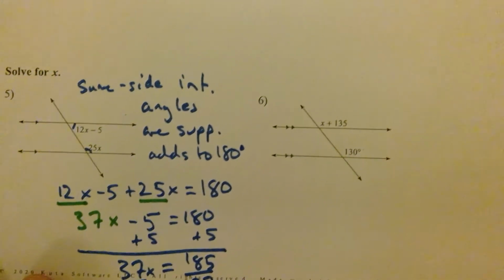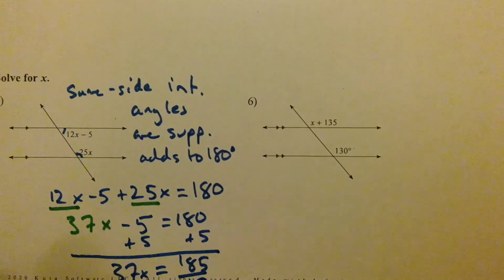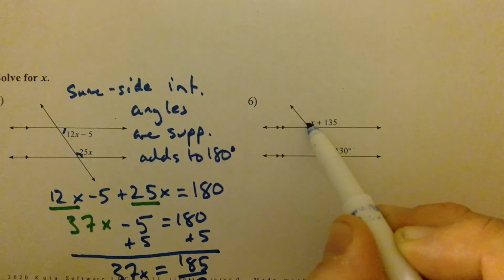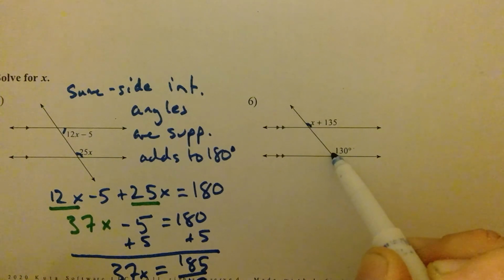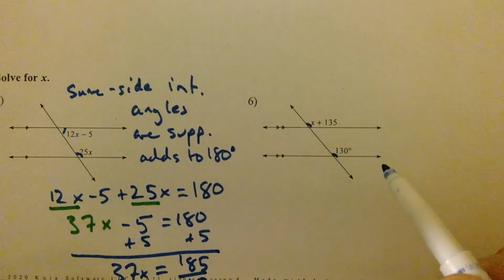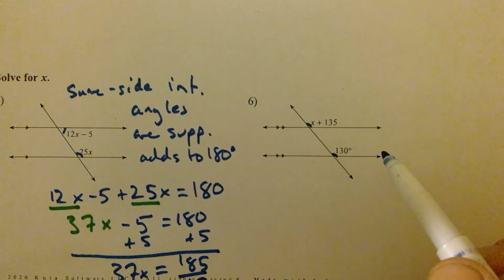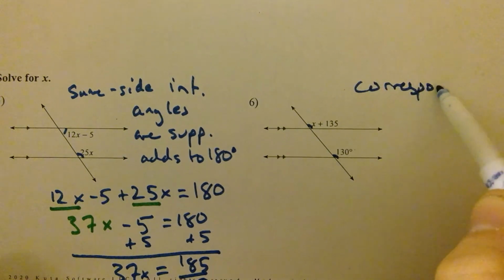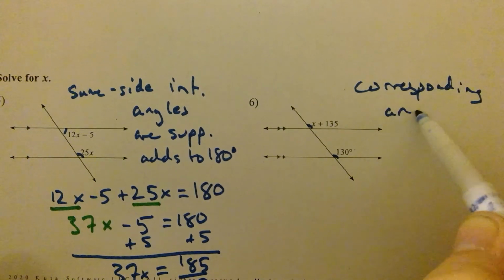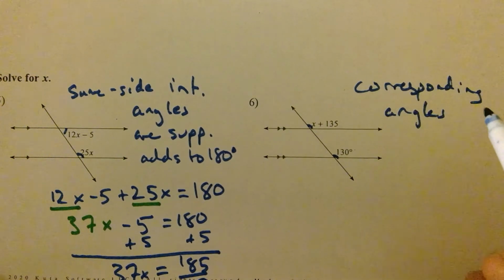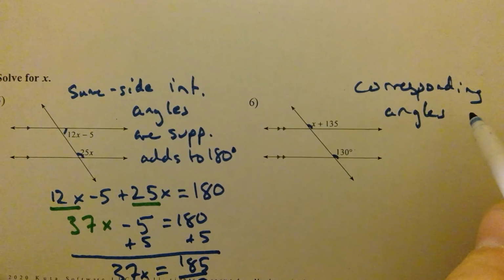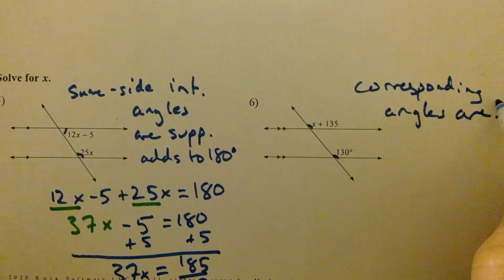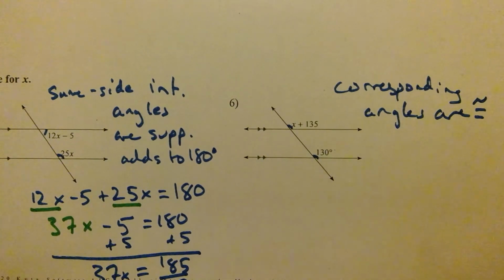Now let's take a look at our angles on number 6. If we're looking at our angles here, we're in the top right position. We're also in a top right position, though, inside the parallel lines. So once again, for the third time on the pretest, we have corresponding angles. It's like these might be important or something. We've seen them 3 times now. So corresponding angles, if we recall, are congruent. Mr. Herman doesn't want to write that word out anymore, so we're just going to put the congruent symbol.